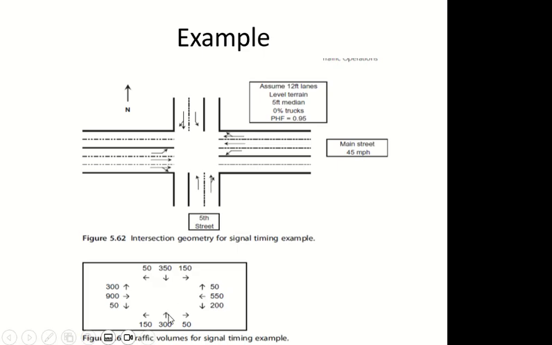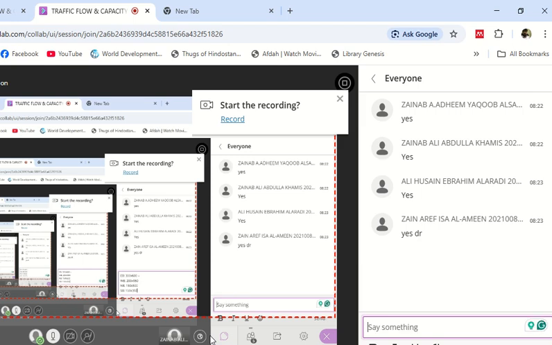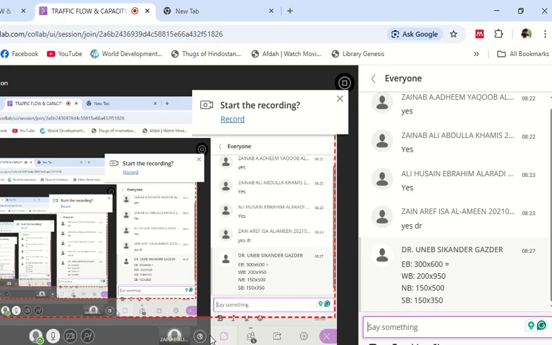Southbound, so facing down, left turning is 150, and then we have this one, 350. How much are these values?